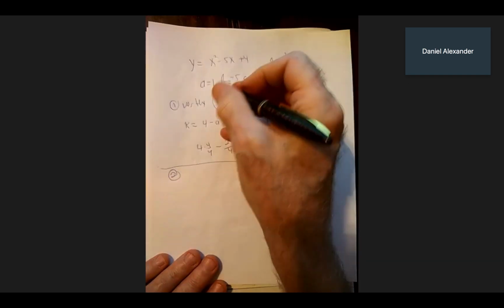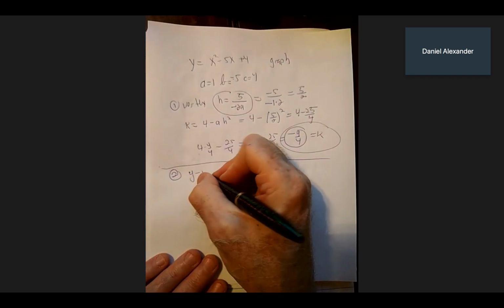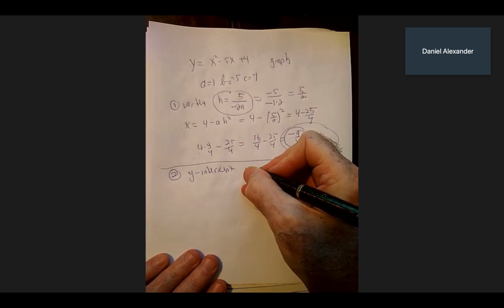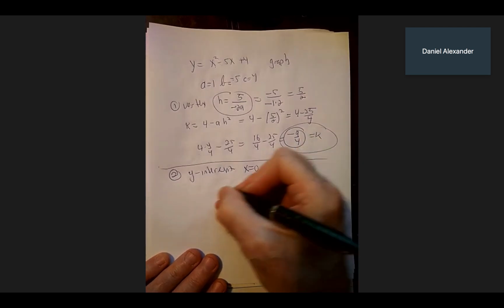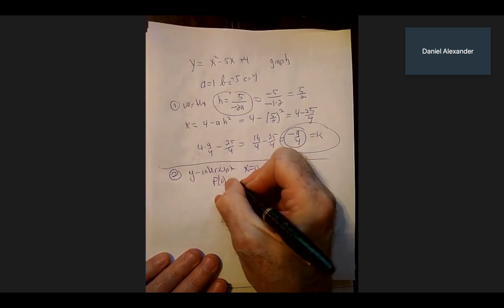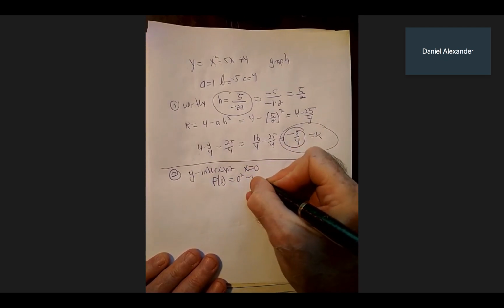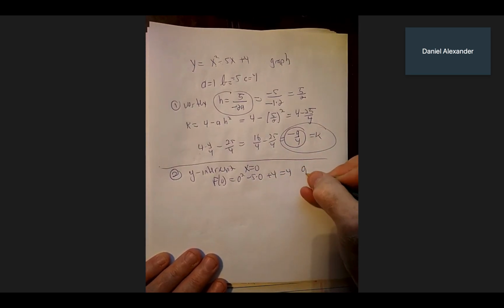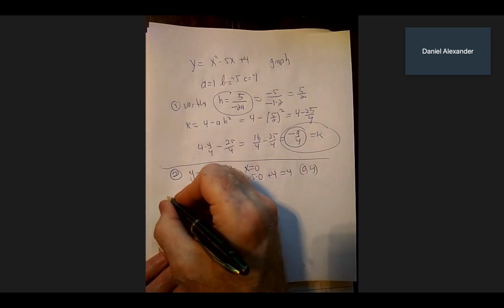Now the y-intercept. Plug in 0, and then f of 0 is equal to 0 squared minus 5 times 0 plus 4, which is 4. So (0, 4) is the y-intercept.